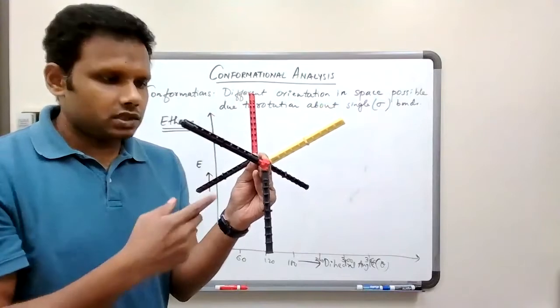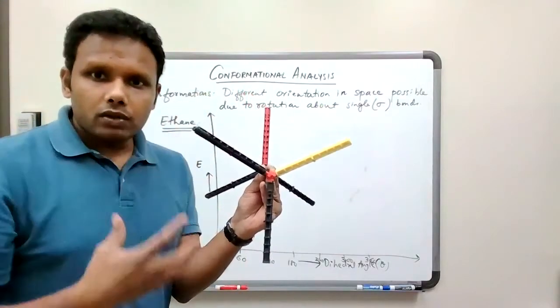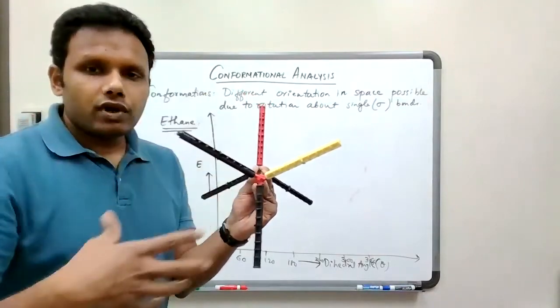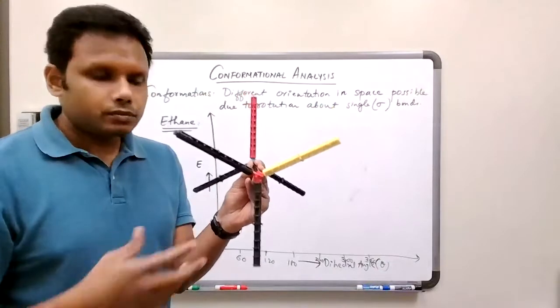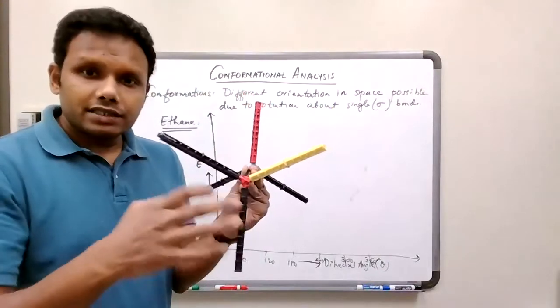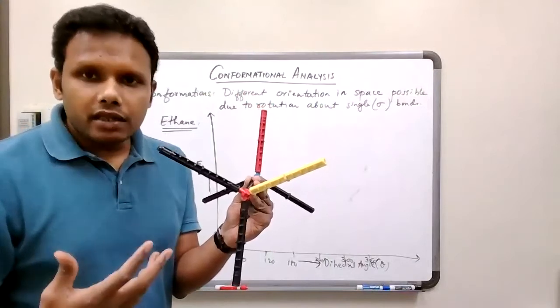This electron density is away from this electron density as well as from that electron density. So all that electron density is as far apart as possible. So that could be a very crude way of explaining why a staggered conformation is more stable than an eclipsed conformation.